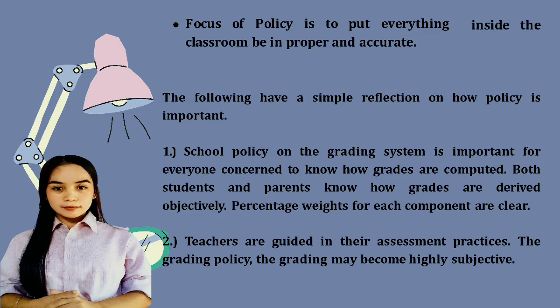Both students and parents know how grades are derived objectively, and I believe that is their right. Percentage rates for each component are clear. Now, what is the second situation?